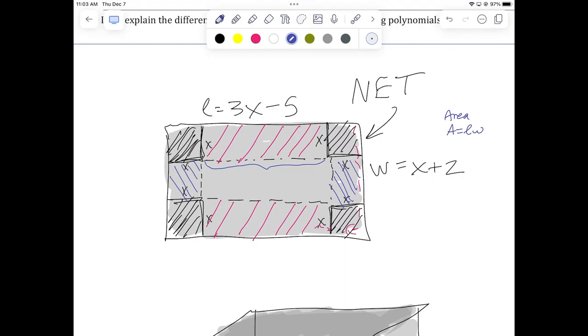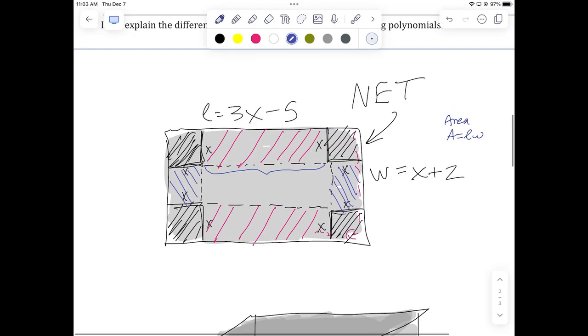Very good. Because it's 3x minus x minus x, or 3x minus 2x. You see that? If we took an x out from each side, we took out 2x. So what's 3x minus 2x? 1x. I'll show that off to the side here. It's 3x minus 5 minus 2x, and that's going to give us x minus 5. So that's this dimension right there. That's x minus 5.